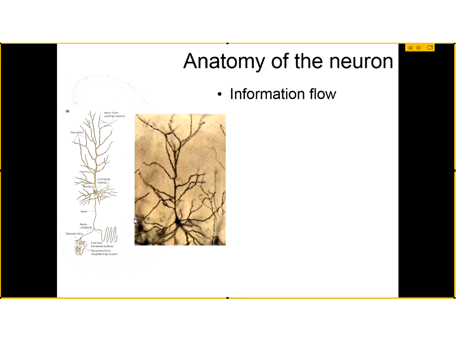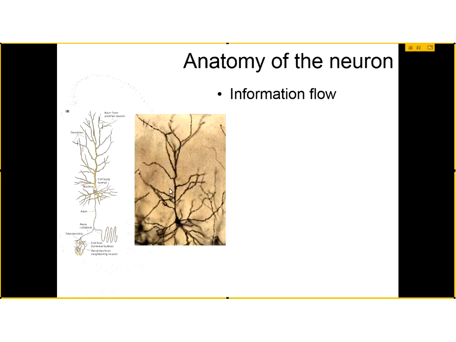So when we talk about the neuron, we can see that it can be broken up roughly into the dendrites that collect information. So this is a little branch coming in from another neuron, synapsing here on the dendrites. These little bumps here, which you can kind of see in this picture.